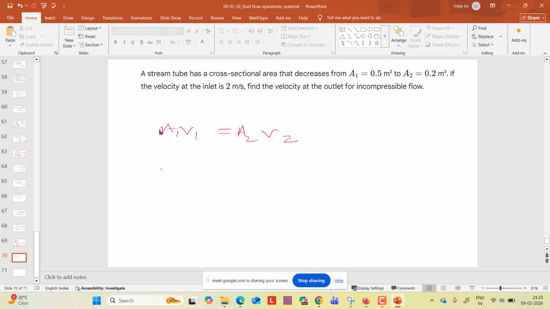So it is 0.5 into 2 equals 0.2 into V2. So V2 will be coming as 5 meter per second. So it will be increased.